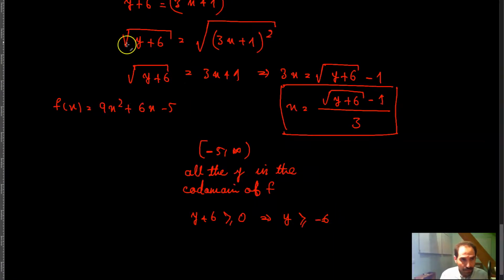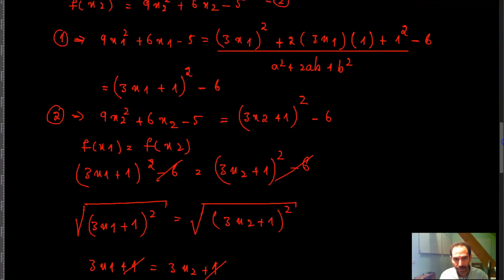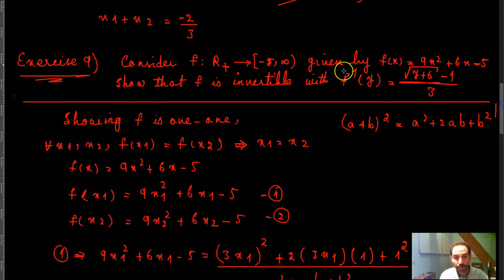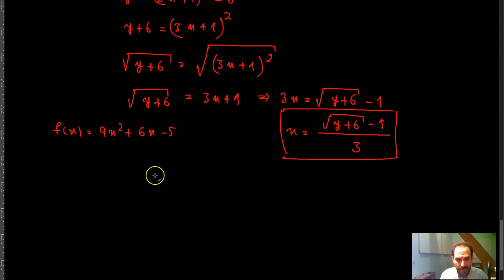Okay, so now what we need to do is make sure that every element that we have in the codomain of f is the image of some element in the domain of the function. So the range, or the codomain, of f is negative 5 to infinity.